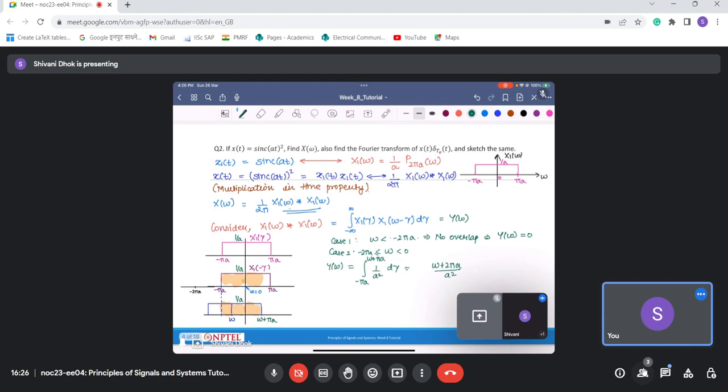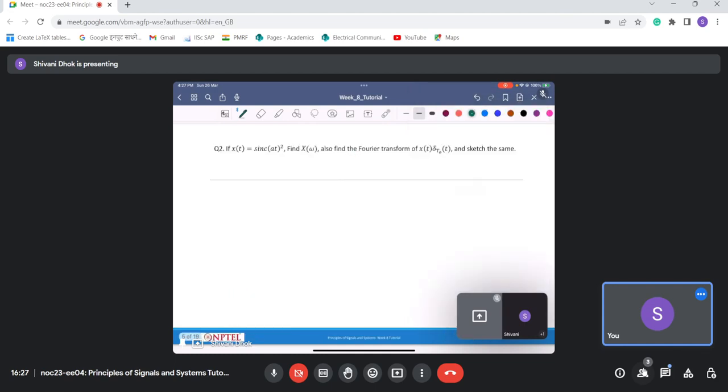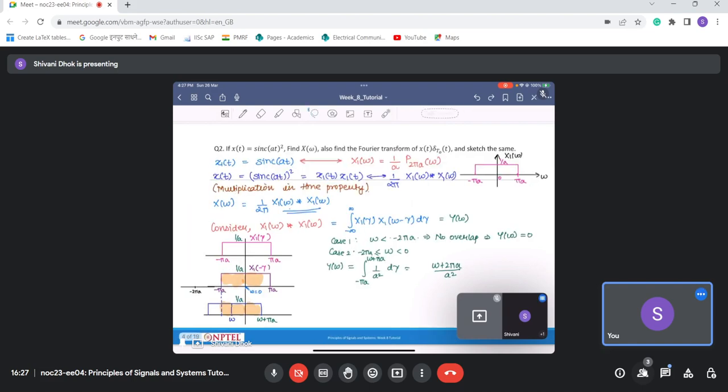Similarly, the third case, when my omega is greater than 0 and omega is less than or equal to 2 pi a. Let me just copy the same diagrams too.